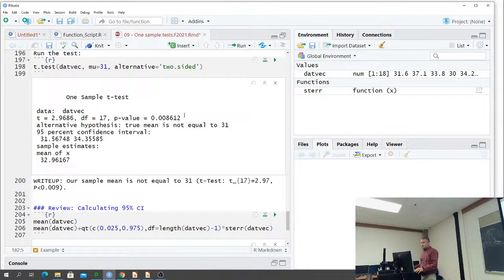It's super small. We reject our null hypothesis and thus conclude that our mean is not equal to 31. So the alternative hypothesis tells us our conclusion, but only if that p-value is less than 0.05 and if we did the correct two-sided versus one-sided test.